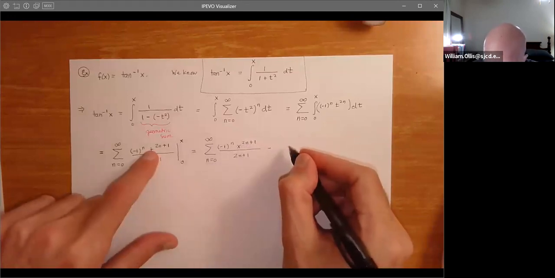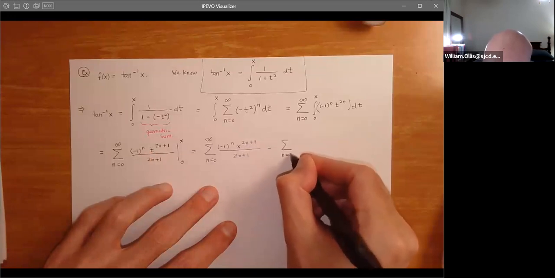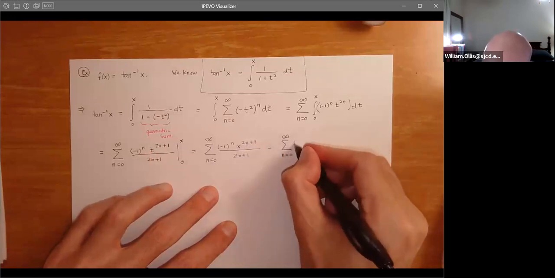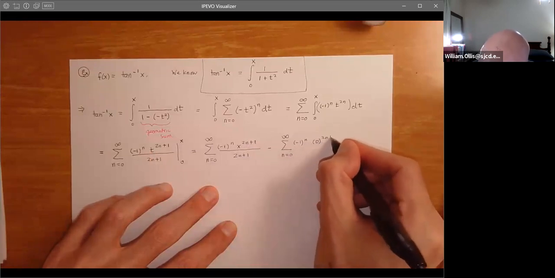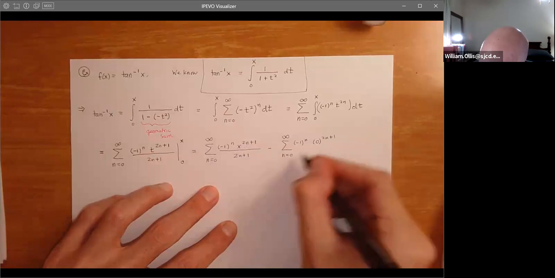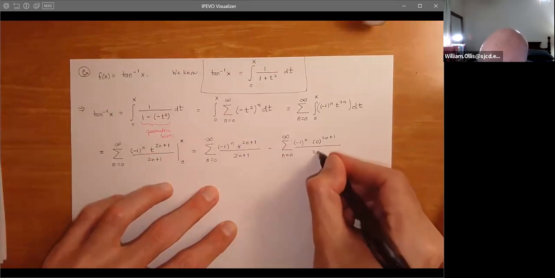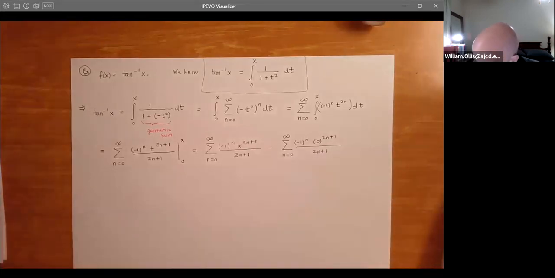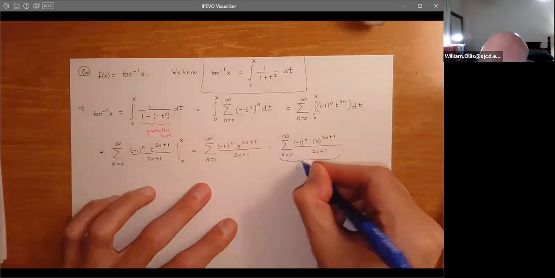And now replace t with 0. So we have n equals 0 to infinity, negative 1 to the n, 0 to the 2n plus 1. We're not going to have any problem because when n is 0, we just get 0 to the 1. That's defined. And this term from the definite integral or indefinite integration is 0.